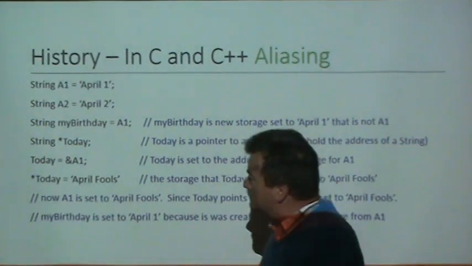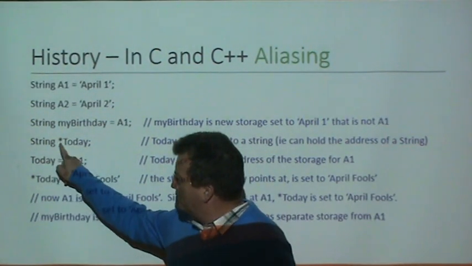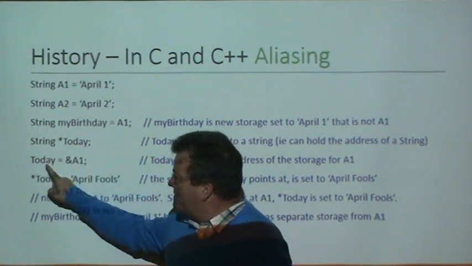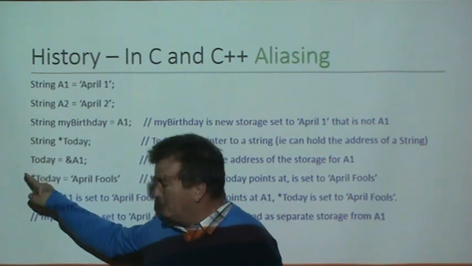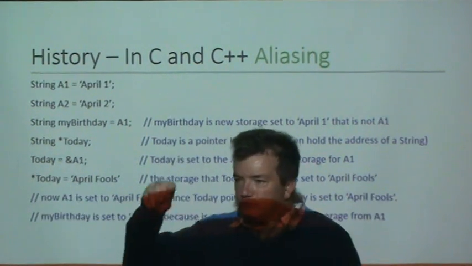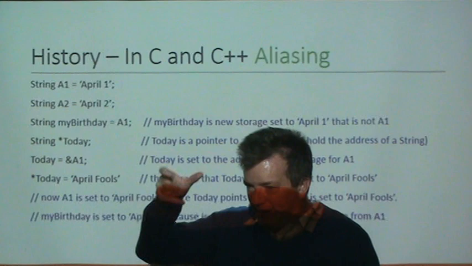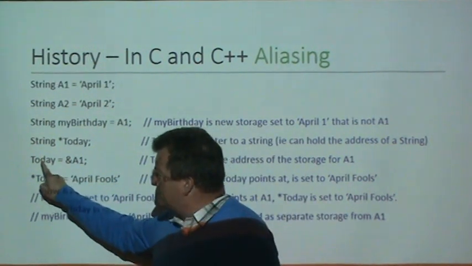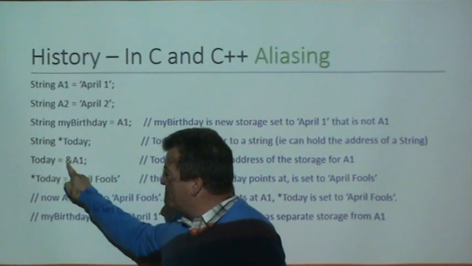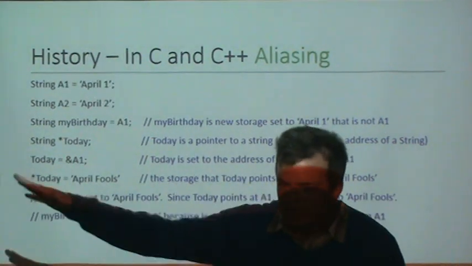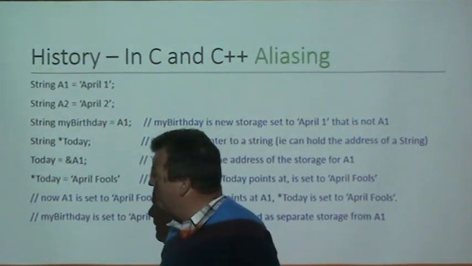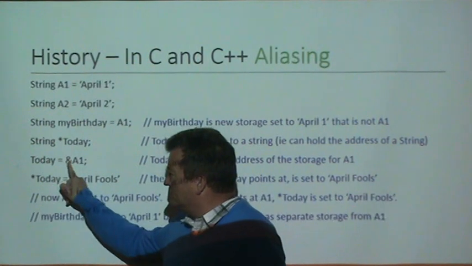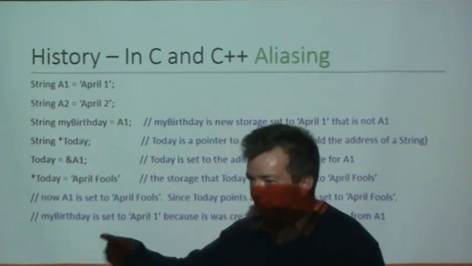So in C and C++, I can declare a string pointer today, and then I could say today is equal to, I wouldn't make it equal to A1, I don't want to say the address is April 1st, but I could say today is equal to ampersand, which means the address of the piece of storage. So here I'm saying today equals the address of the variable April 1.